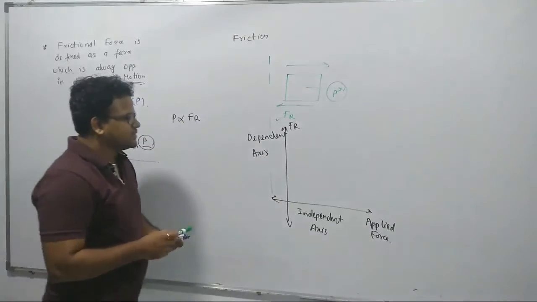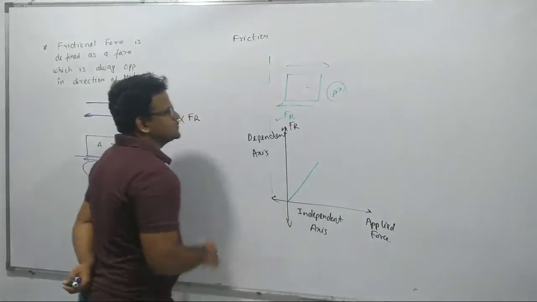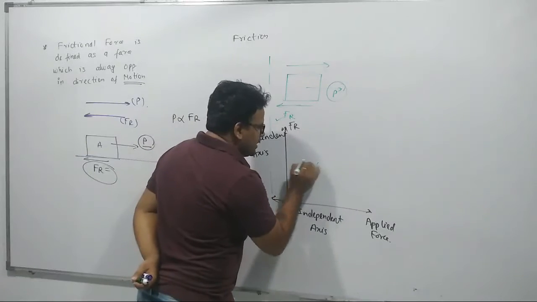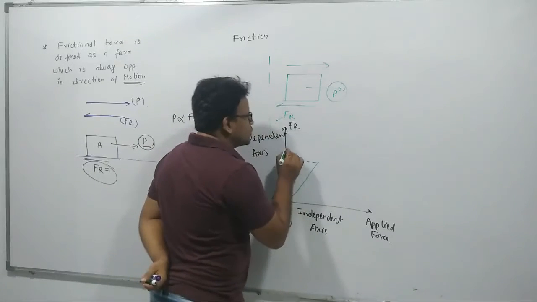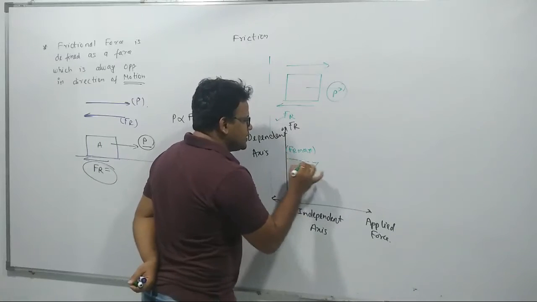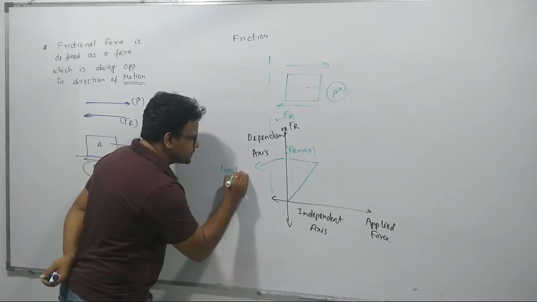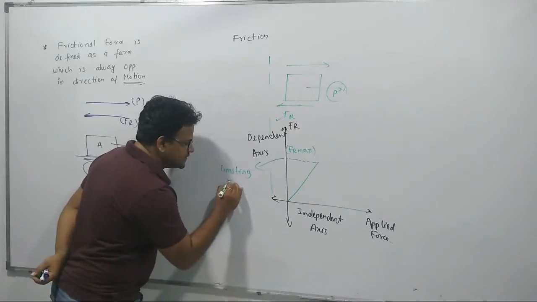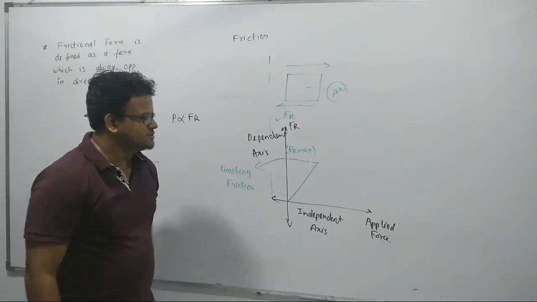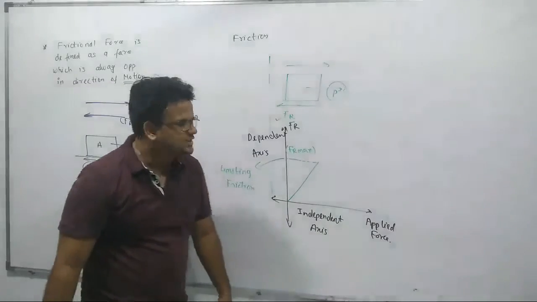Since it is directly proportional, the graph will be a linear graph passing through the origin. It will increase and reach a value called the maximum frictional force, also called limiting frictional force. Till the point of limiting frictional force, the applied force is directly proportional to the frictional force.